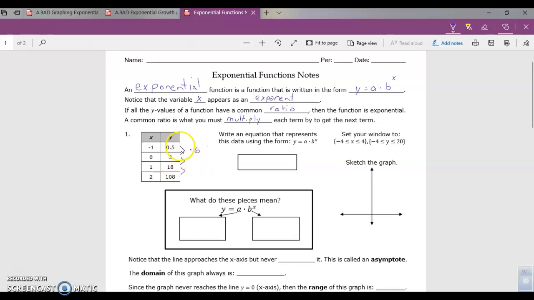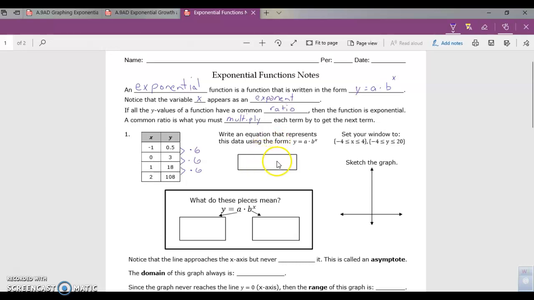So we can test that out with all of these. 3 times 6 gives you 18. And then 18 times 6 would give you 108. And so this would prove that in number 1, the table, our common ratio here is 6.